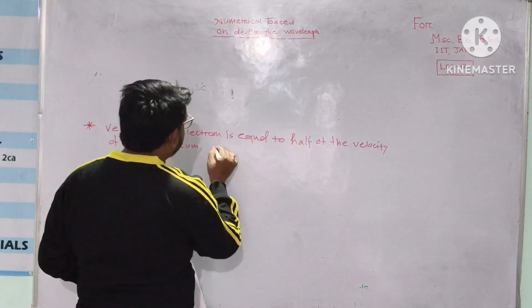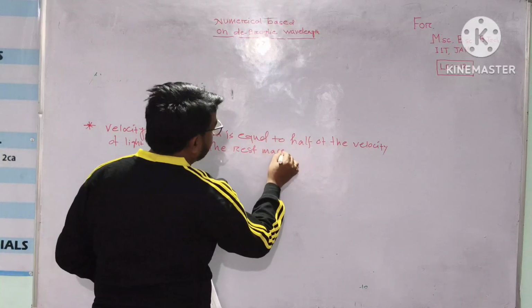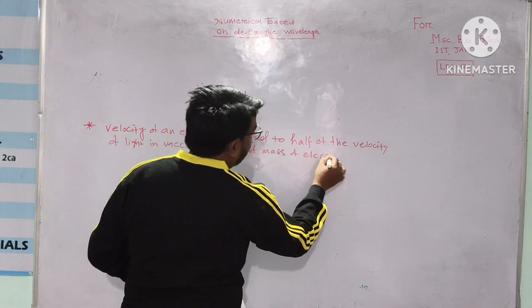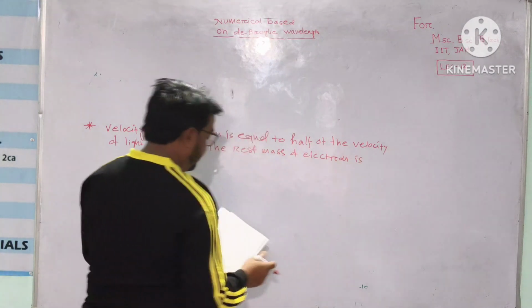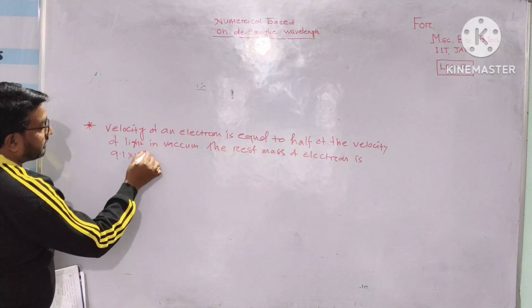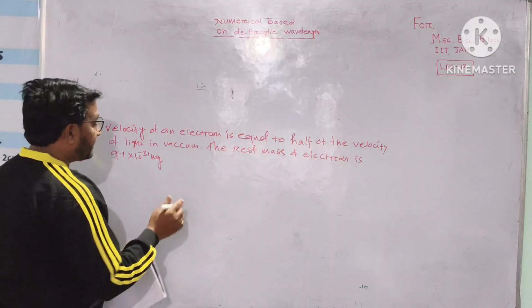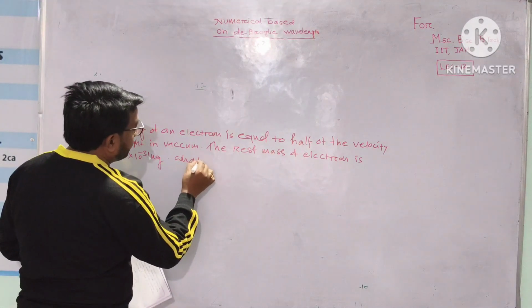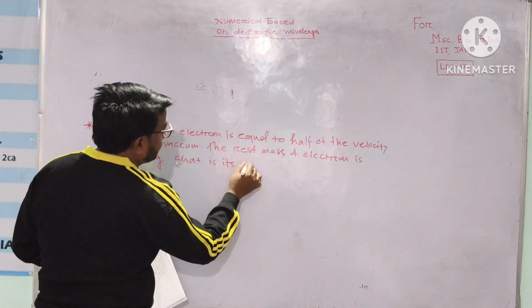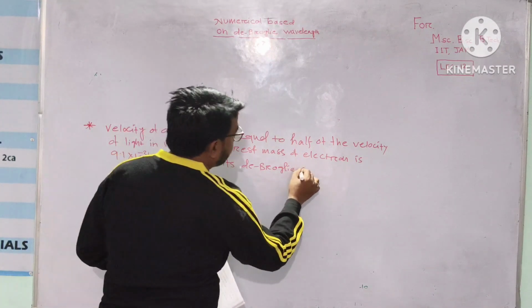The rest mass of the electron is 9.1 into 10 to the power minus 31 kg. What is its de Broglie wavelength?